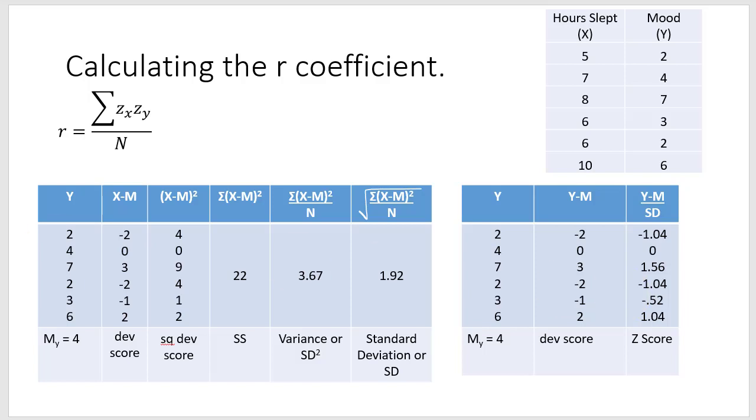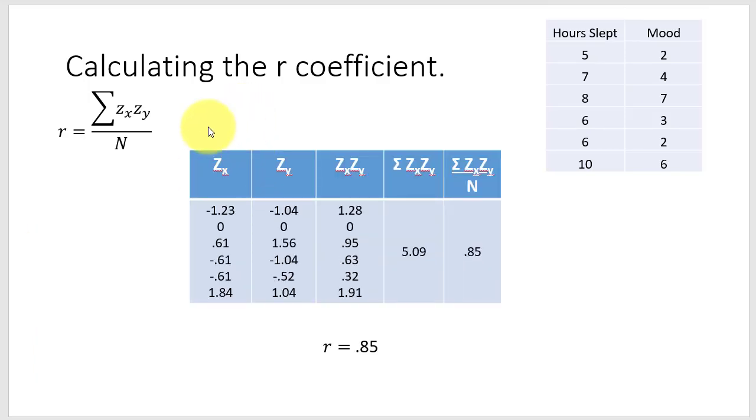And once we did that, we can then calculate our r coefficient. We take the sum of the z-scores for the x variable times the z-scores for the y variable and divide it by the number of pairs. So I take the z-score for my first x and the z-score for my first y.